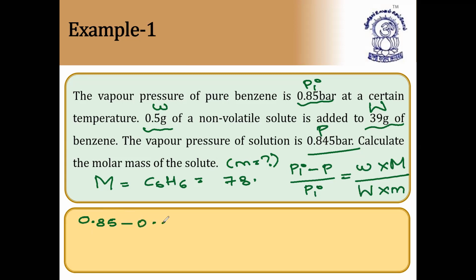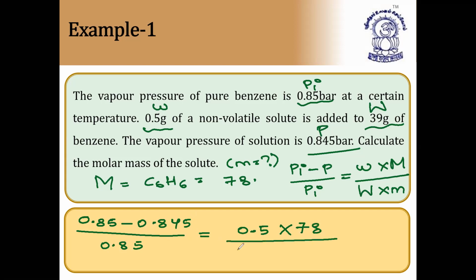So 0.85 minus 0.845 by 0.85 is equal to the weight of solute, that is 0.5, into the molecular weight of solvent, that is 78, by the weight of solvent into the molecular weight of solute. So you have to calculate the m value.